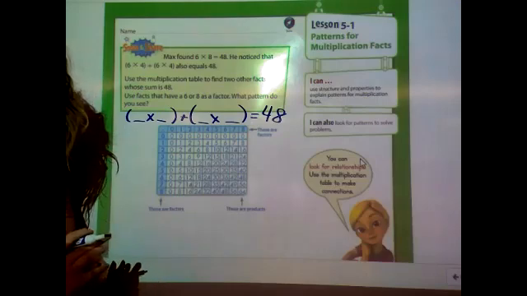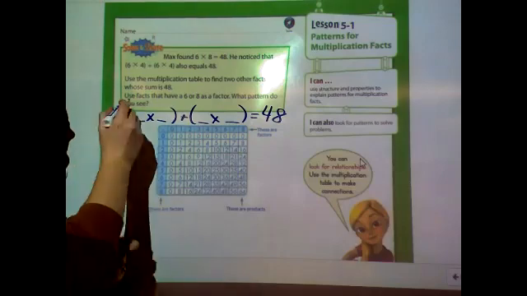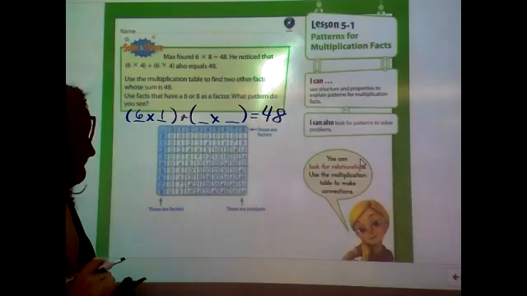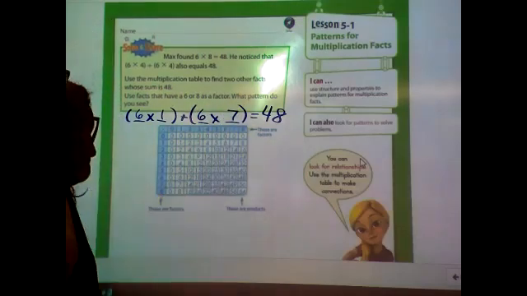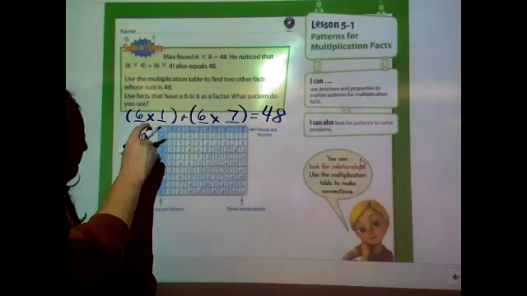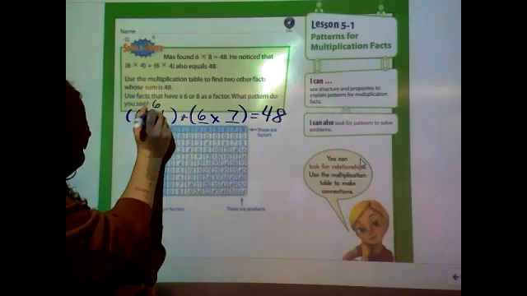I'm going to say 6 times 1 and 6 times 7. So let's see if I'm correct. So 6 times 1, well, we know that that's pretty simple for us already. 6 times 1 is 6.